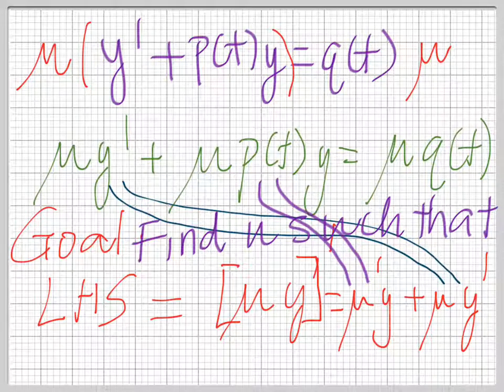If you look at the equation after multiplying by mu of t, and you want to force the left-hand side to be the derivative of the product, we notice that we have two identical terms on both sides, which is mu y prime. They're identical, so the only terms that we should force to equal each other are mu p times y equals mu prime y.